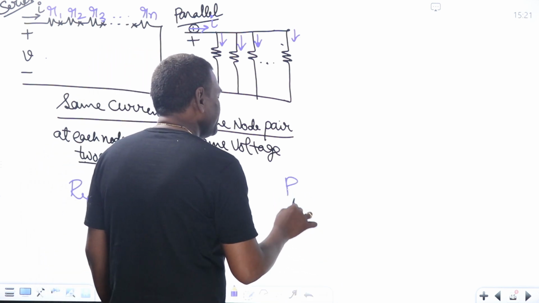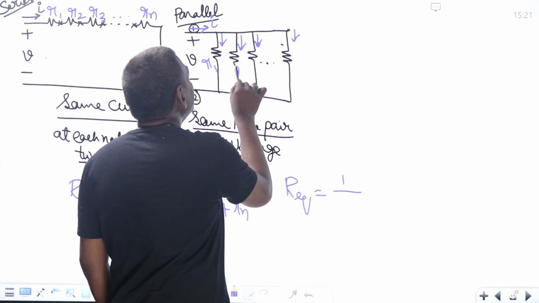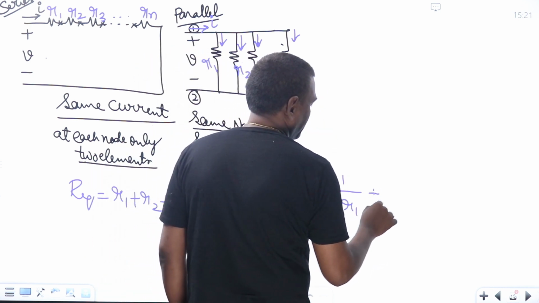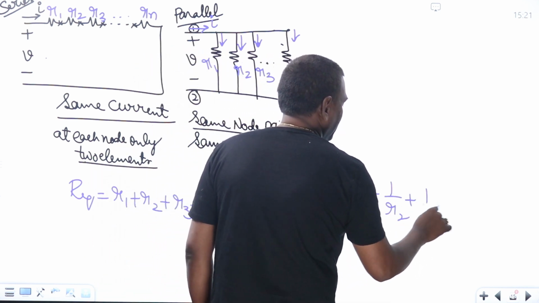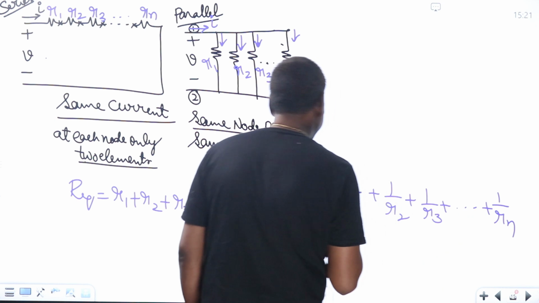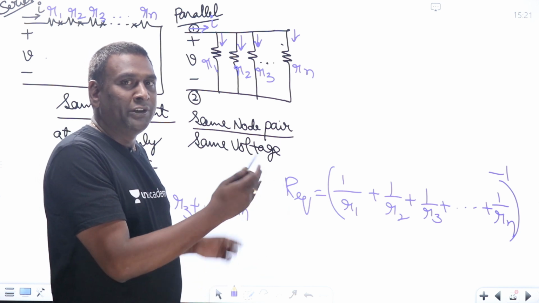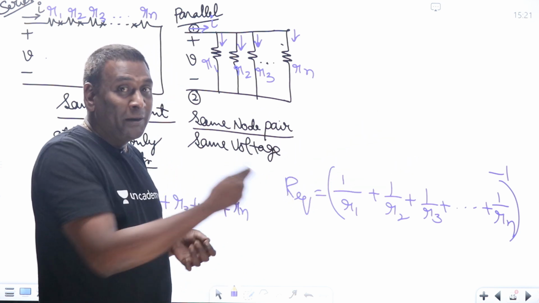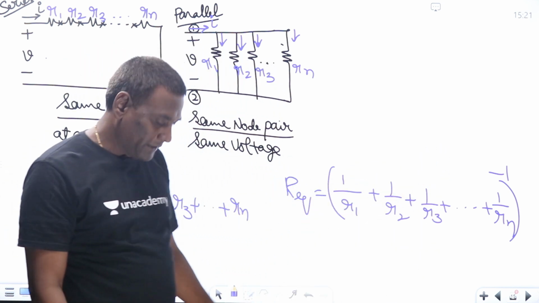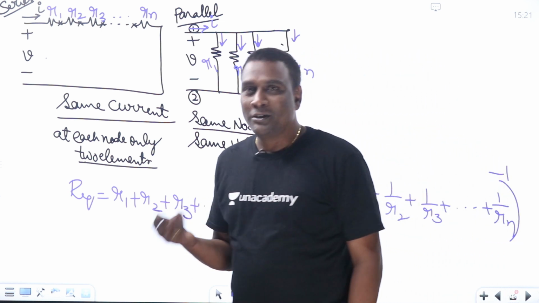Ultimately, R equivalent equals 1 by R1 plus 1 by R2 plus 1 by R3 plus 1 by Rn, whole inverse. V by I is going to be R equivalent, so it will be the reverse of the total.